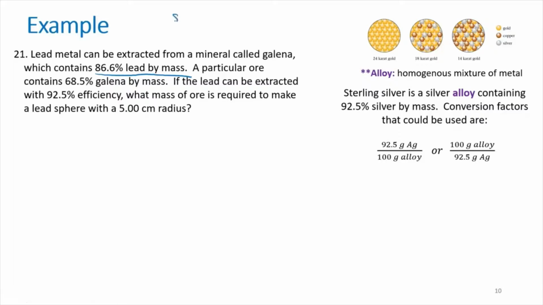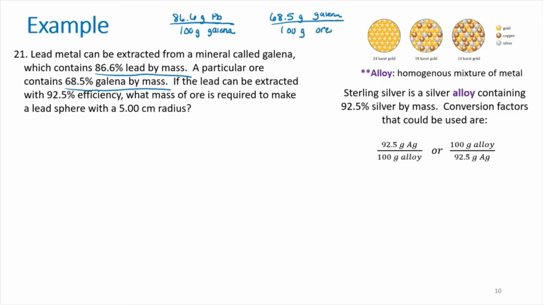Here we have 86.6 grams of lead per 100 grams of the galena. A particular ore contains 68.5% galena by mass. That means I have 68.5 grams galena per 100 grams of ore.